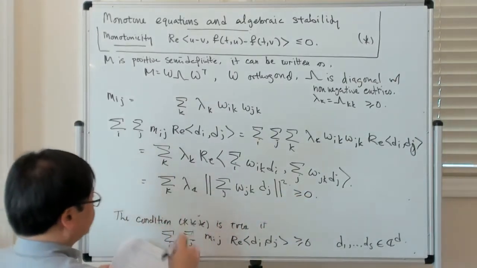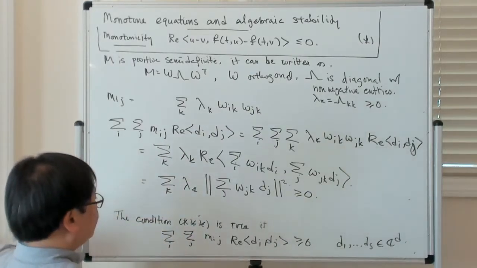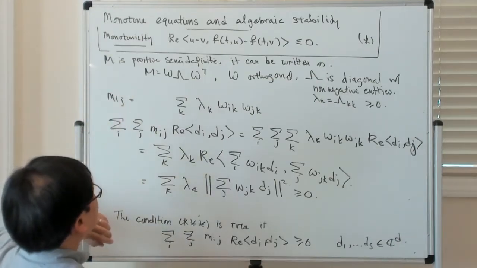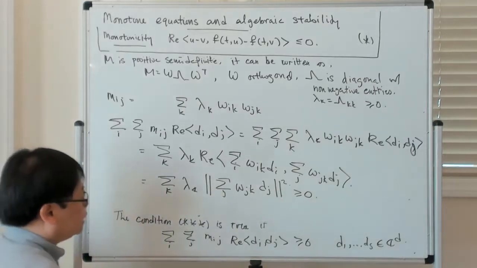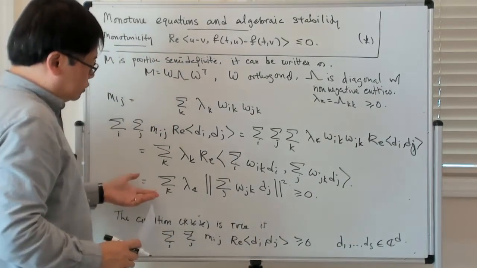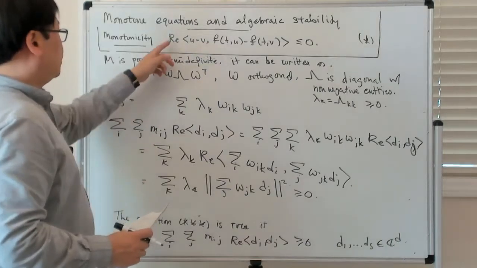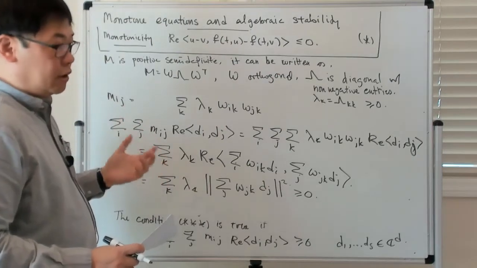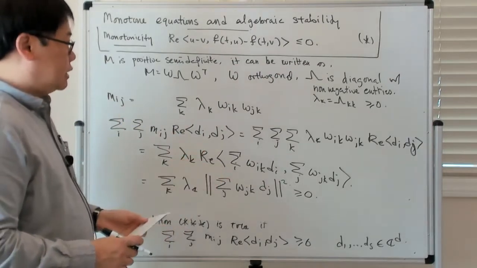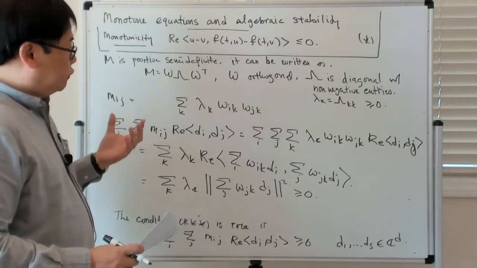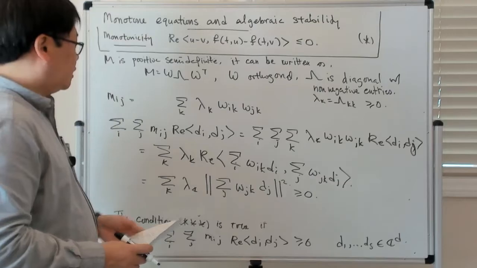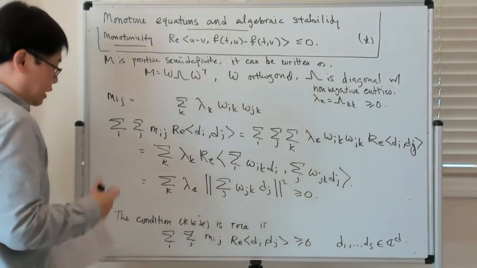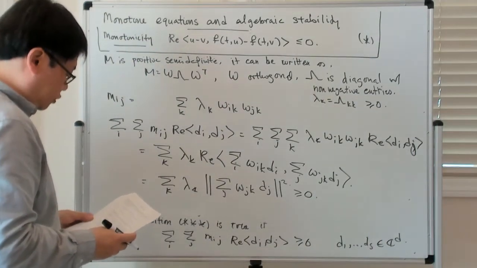Okay, so this proves that if you have a Runge-Kutta method with the property that this famous matrix M is positive semi-definite, then when you apply this Runge-Kutta method to a differential equation satisfying this monotonicity condition, the norm of the difference of the solutions at the new time is less than or equal to the norm of the difference of solutions at the older time. And that's this notion of algebraic stability.